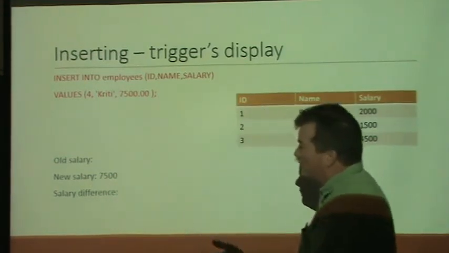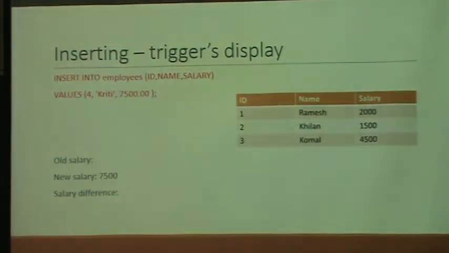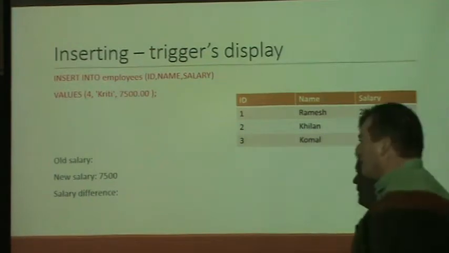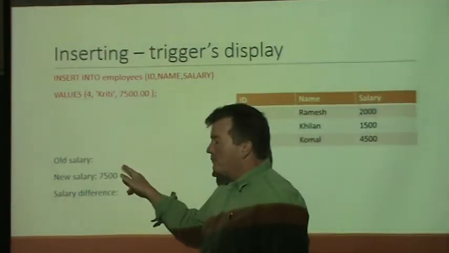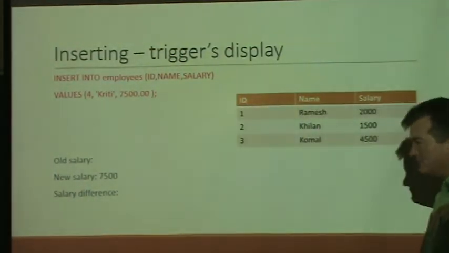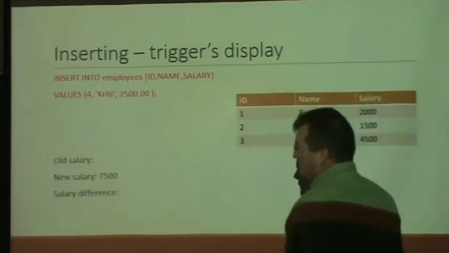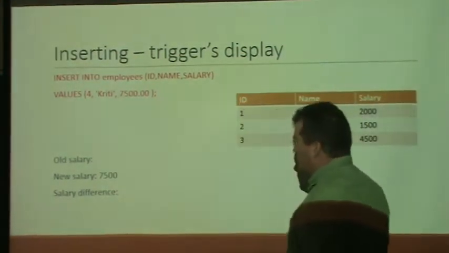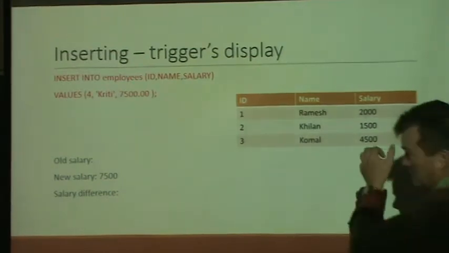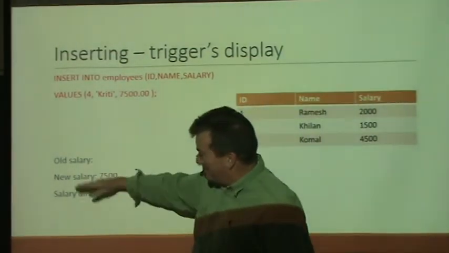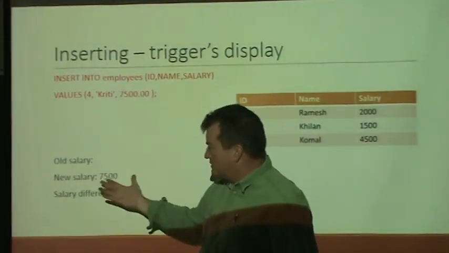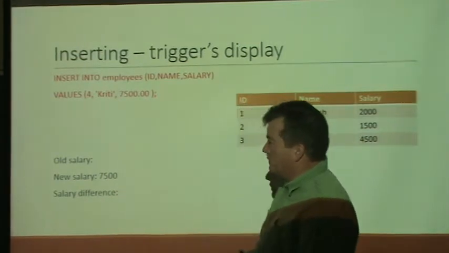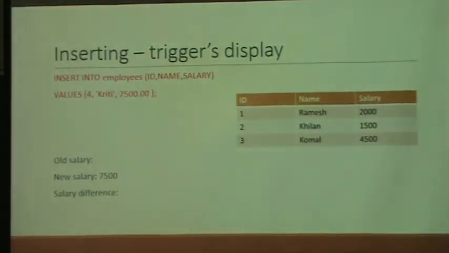And then the difference, we couldn't do a computation between blank and 7,500. You might argue blank for a numerical value should default to 0, but they don't do that. So since the old salary was undefined, the difference would be undefined. So the database administrator would get a message like this, which is basically letting you know a new person has joined the website.